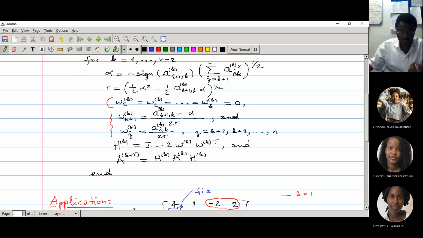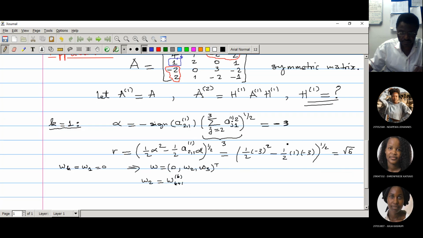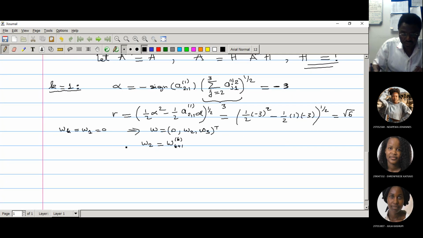They are different. So we will take the fixed entry minus alpha by 2R. So this will be, in our case, this fixed point, A_{21}, minus alpha by 2R.